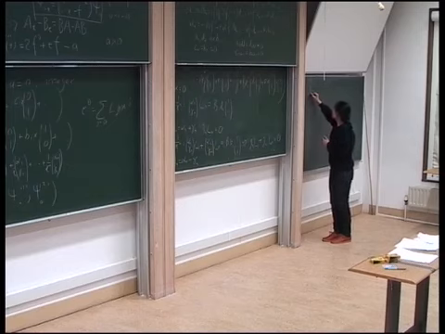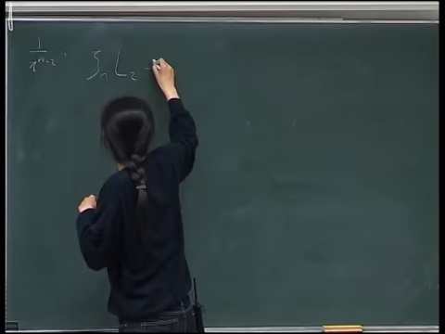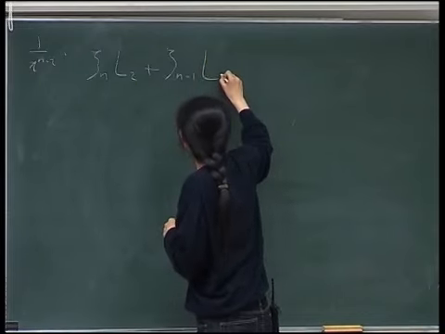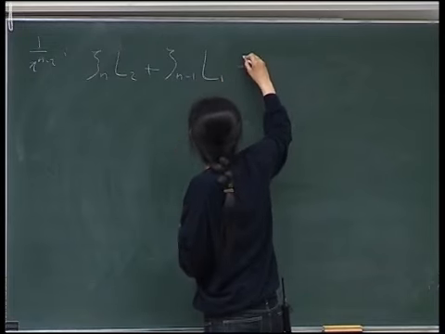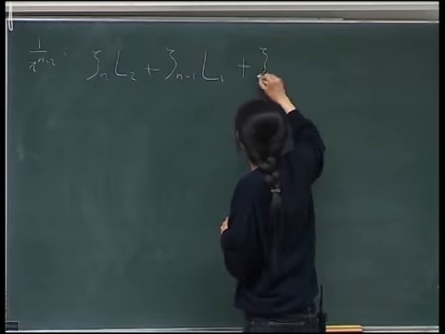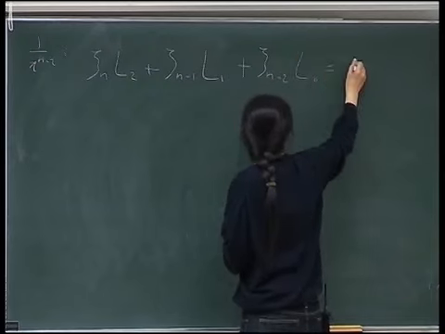So eta n L2 plus eta n minus 1 L1 plus eta n minus 2 L0 equals to 0.